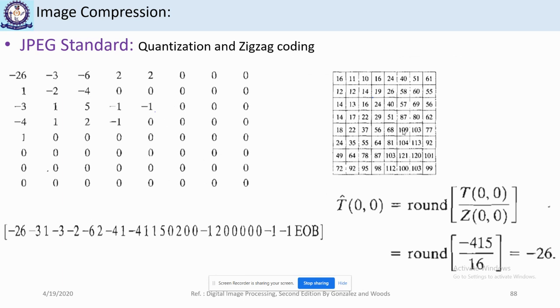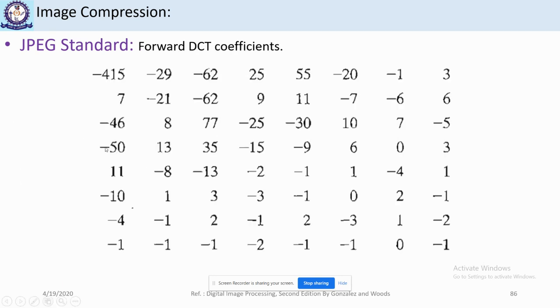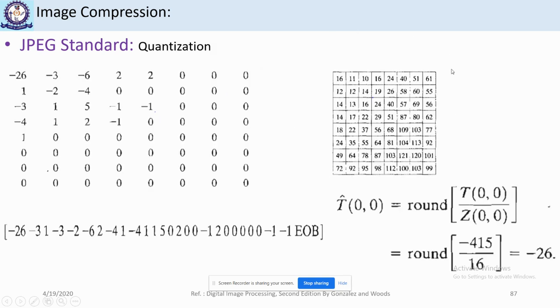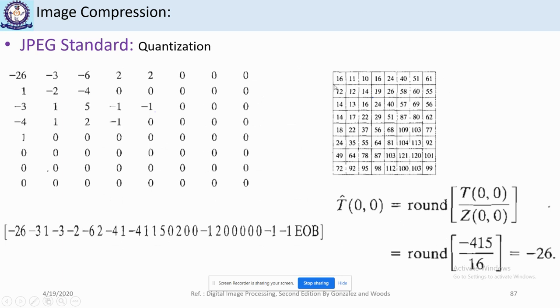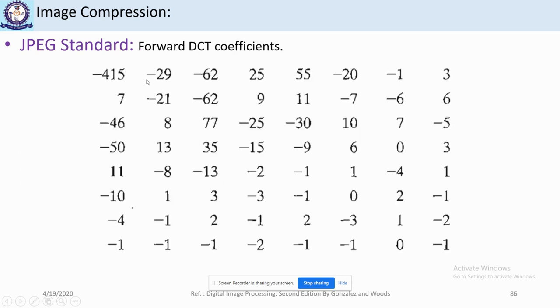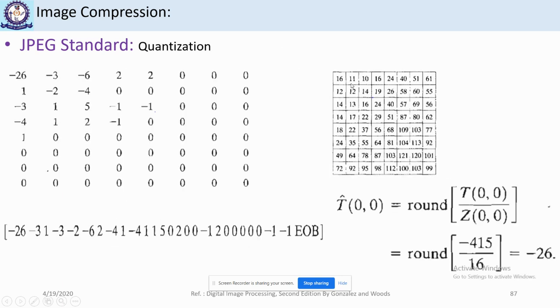What is done actually is this whole 8 cross 8 array will be divided by this 8 cross 8 array element by element. That means this minus 415 will be divided by 16. Then this minus 19 will be divided by 11. And whatever fractional values we get will be rounded off to the nearest integer.